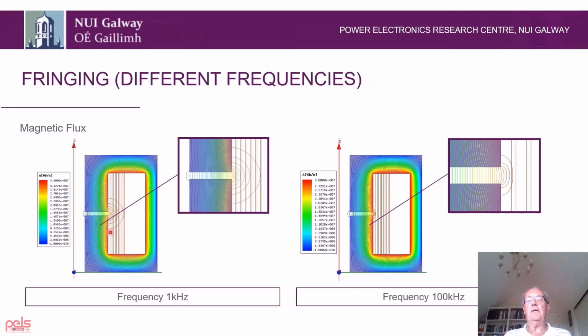Here I'm showing the gap in the center leg. If I look at it at low frequencies, the flux density will fringe around the gap and it'll impact on the winding here. When I've blown it up here, you can see the winding doesn't have a great effect on the distribution of the fringing field, or external magnetic field, to the gap.